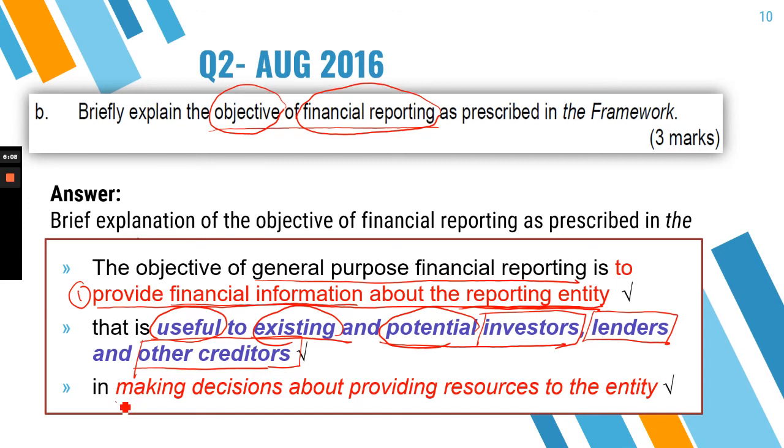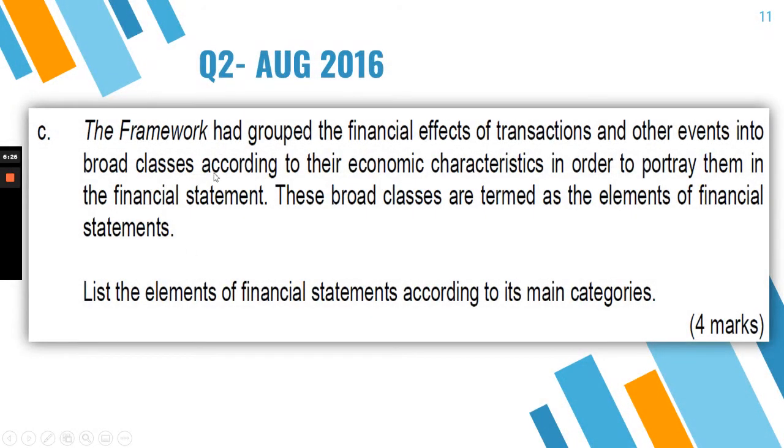It is useful for them to make decisions about what? About providing resources to the entity, providing whatever is required by the entity. So they need to judge that based on the financial statements as one of the tools to decide.